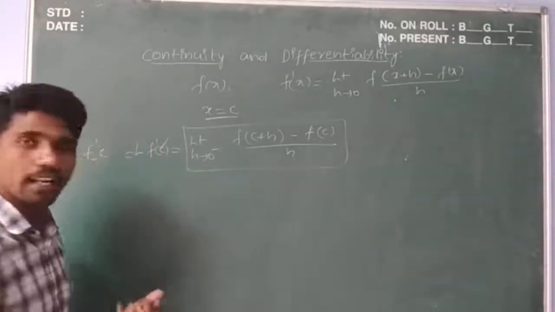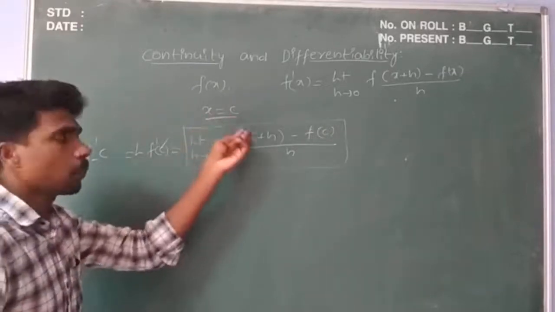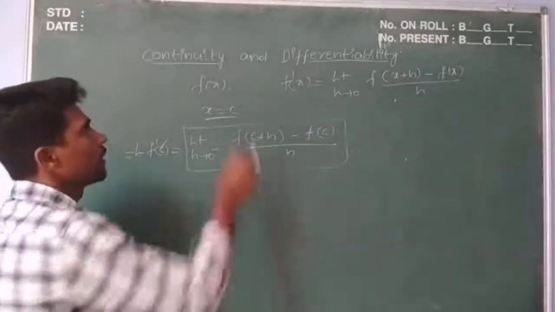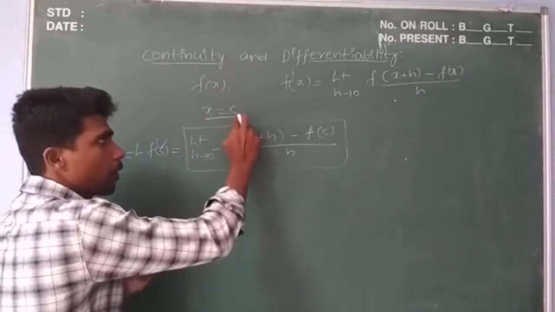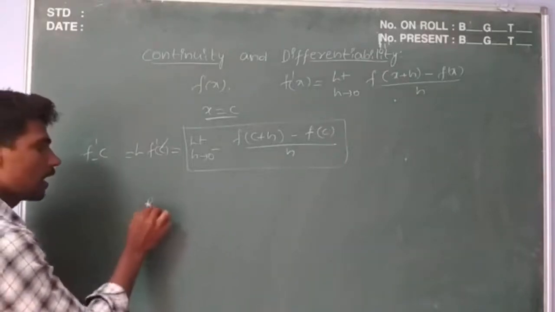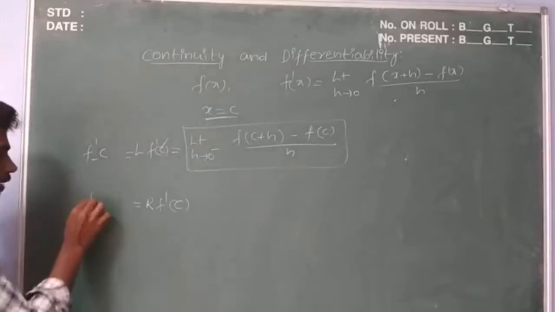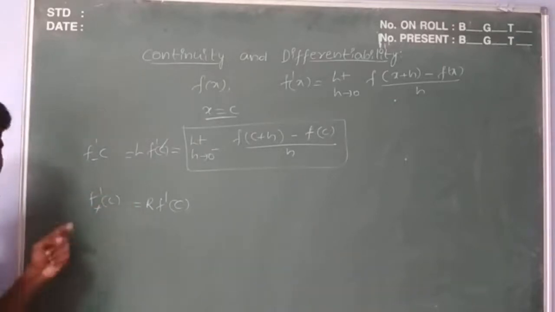Now what about its right derivative? Right derivative, we are getting the derivative of a particular function at a point from the right side, which can be denoted as r f dash of c or f dash of c from right side.